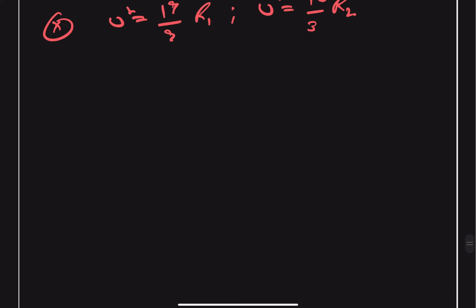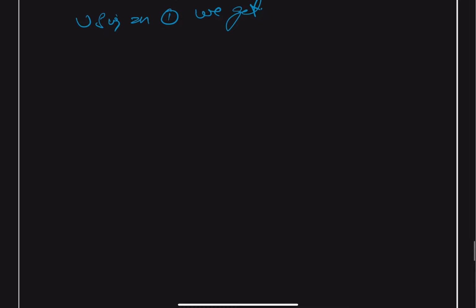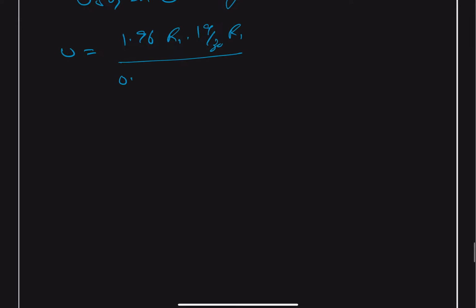So using equation 1, we get V is equal to 1.96 times R1 multiplied by 19 by 30 times R1, divided by 0.36 times R1 plus 19 by 30 times R1.